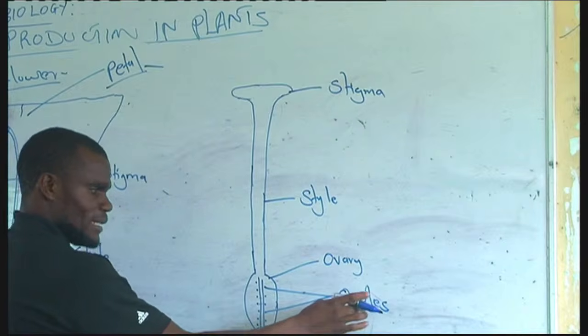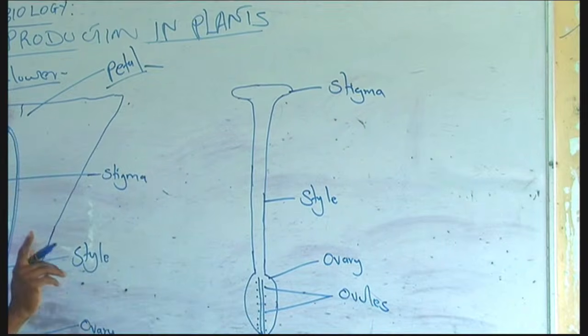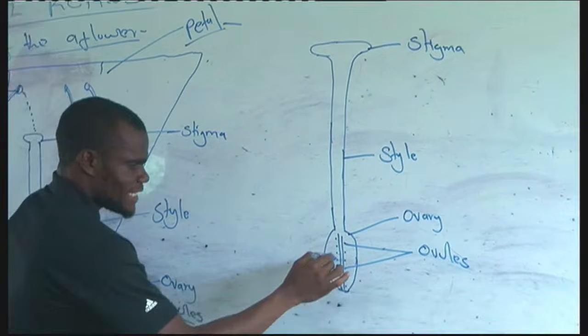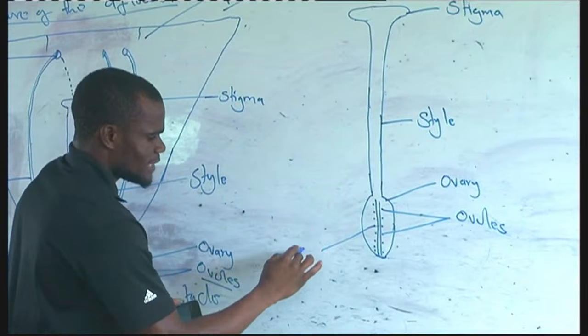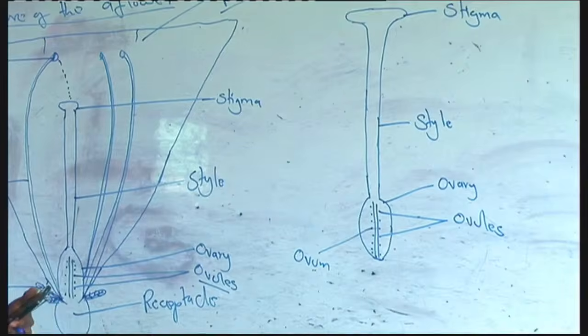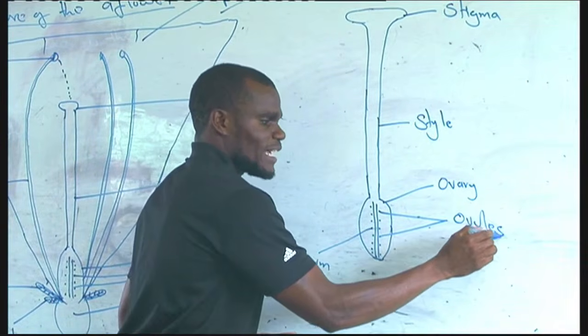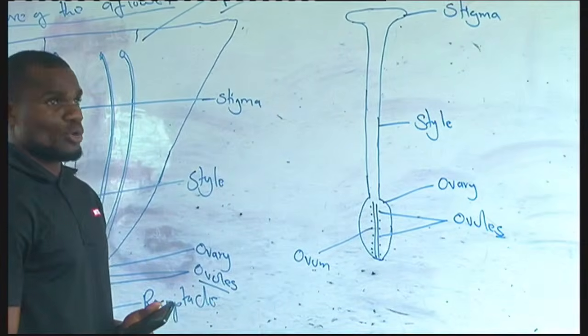And if you are indicating it to be ovules, you have to show more than one ovule or ovum. But if it is just one, please just tell us that is the ovum, not ovules. If you write ovules, this shows that they are in plural.